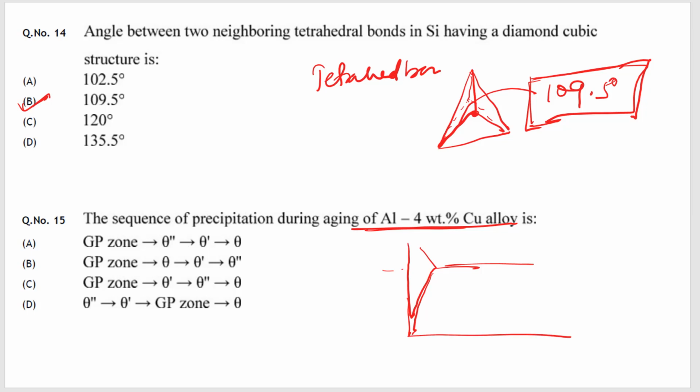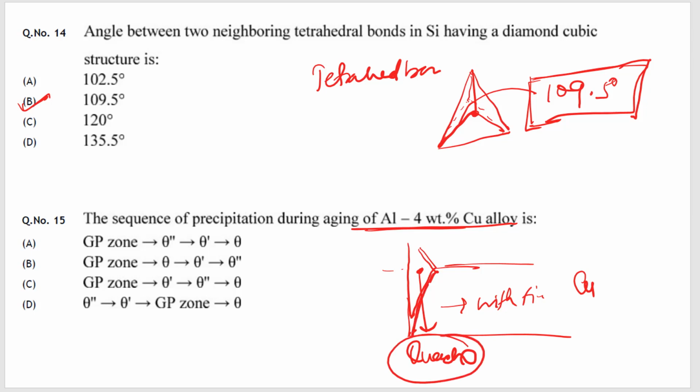Sequence of precipitation during aging. So when aging takes place, means with time, copper, which is dissolved, here it is in dissolved state. When we quench it, it is again in dissolved state.